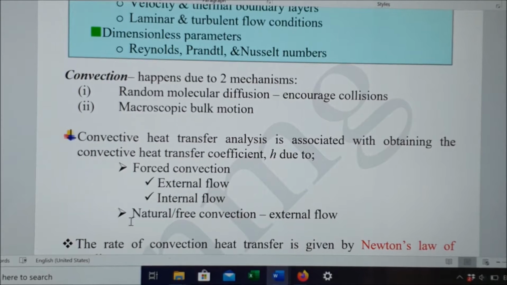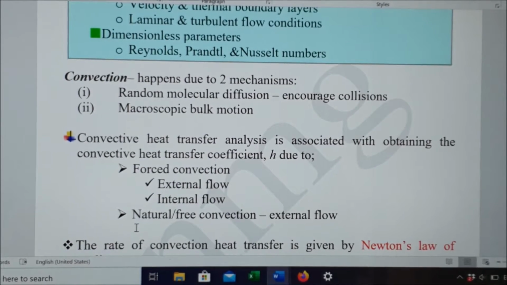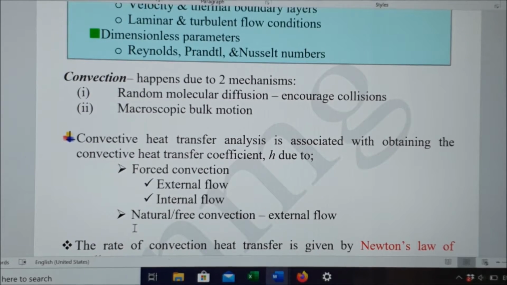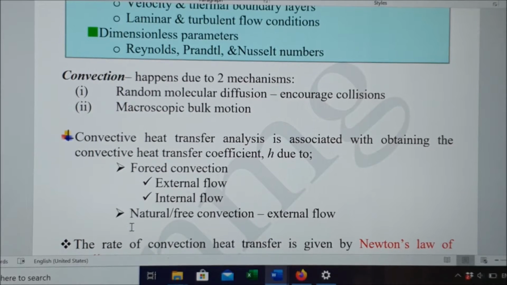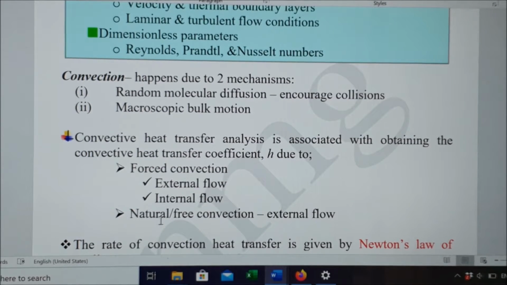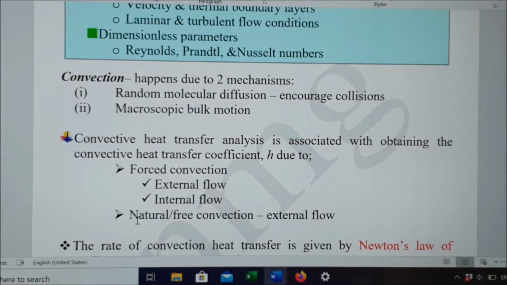In conduction, you are most concerned about the temperature profiles within the solid or stationary fluid, as well as the heat transfer involved. In convection, however, almost every time we are interested in the accuracy of obtaining the convective heat transfer coefficient h.